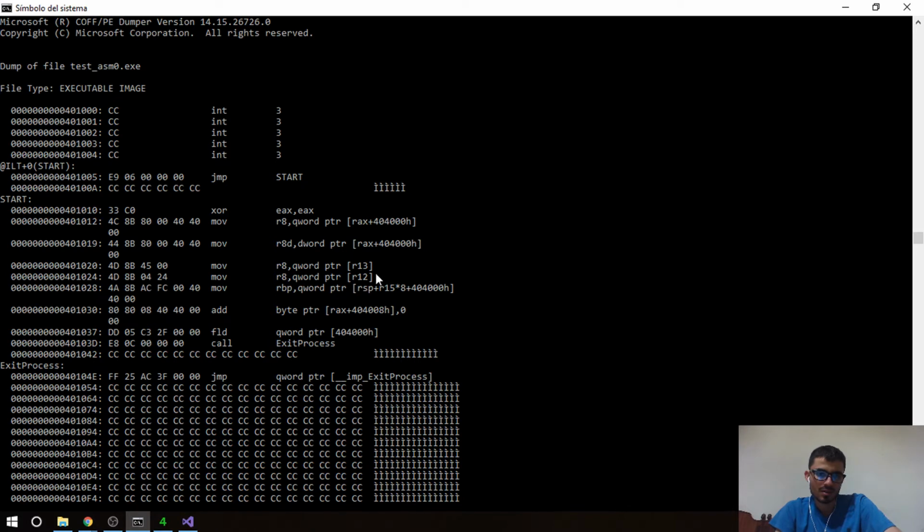Okay, and this instruction by itself has a ModRM byte. It has 4A. That means that we have, this is cool, we have W and we have X on the REX.